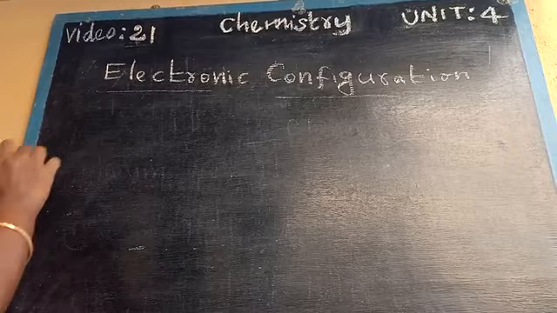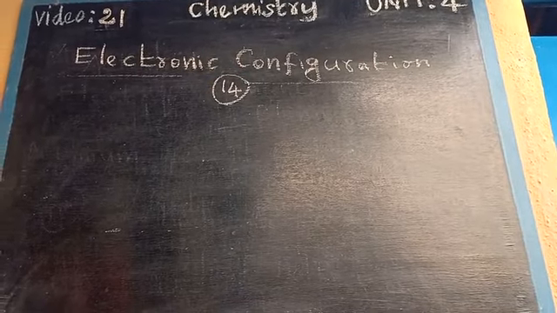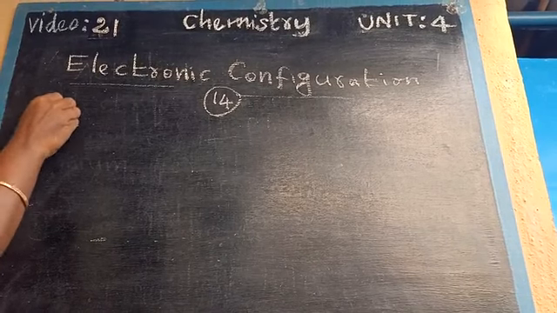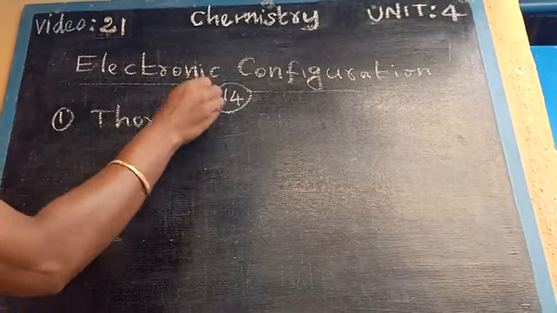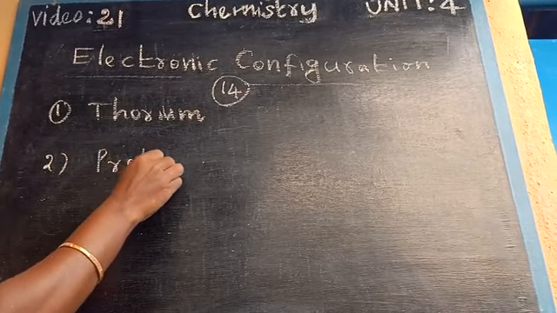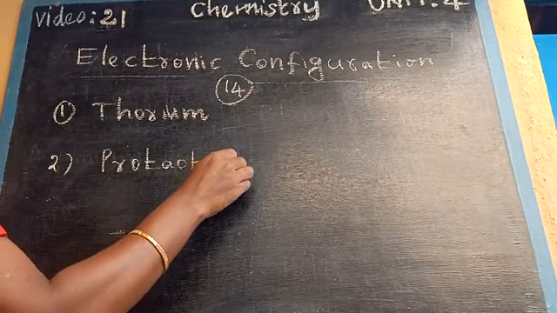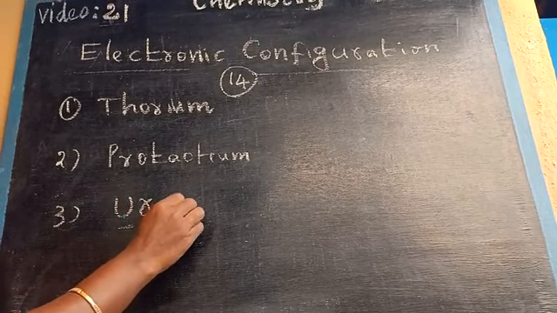Okay children, so here are the 14 elements in the actinoid series. First thorium. Next, protactinium. Next, uranium.